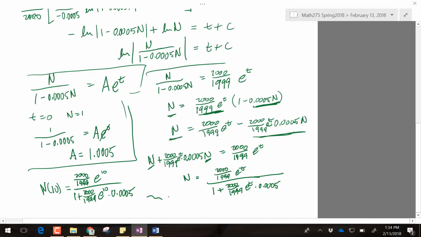Let's check out some numbers and let's see if it's reasonable. Is that reasonable? It's between 0 and 1,000 and 2,000, so that makes sense. Should equal 1, right?